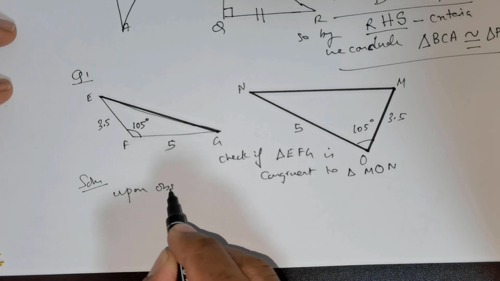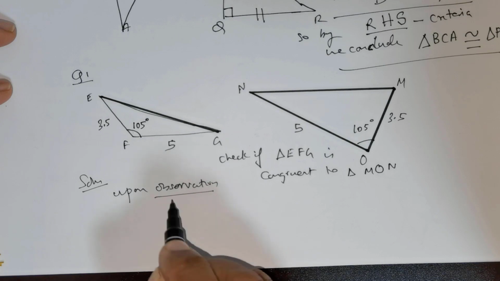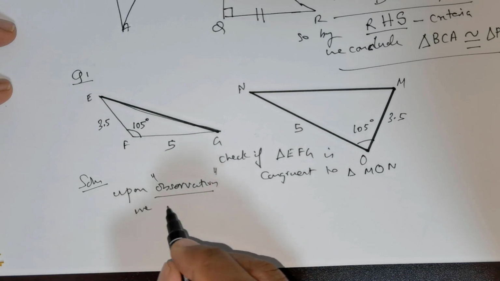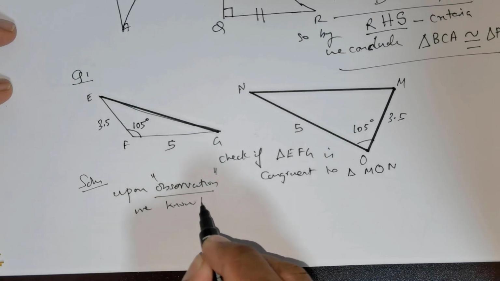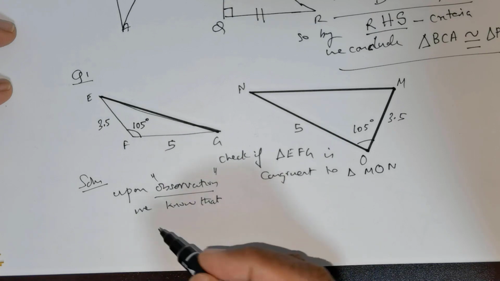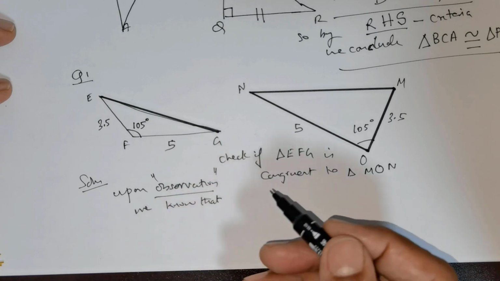So upon observation, right, this is a scientific approach, this particular terminology. So upon observation, we know that. So what do we know? Instead of saying we know that, you can use your vocabulary that you would like.